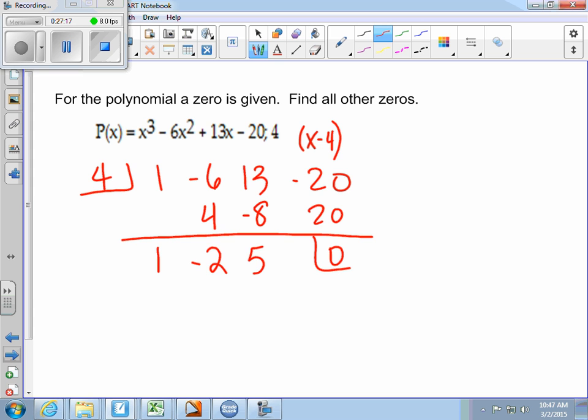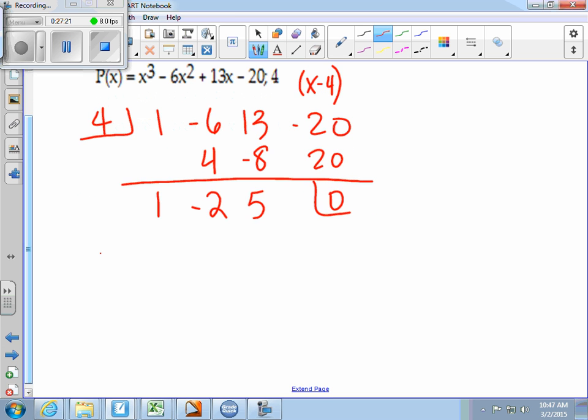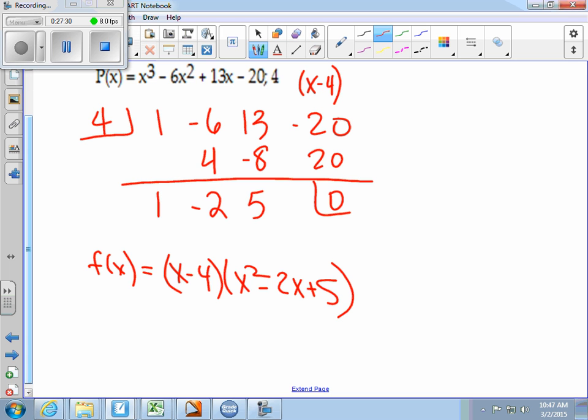Okay, any questions so far? So our function is x minus 4 times x squared minus 2x plus 5, right? Now, does that factor? No. How do you find the other zeros if it doesn't factor?